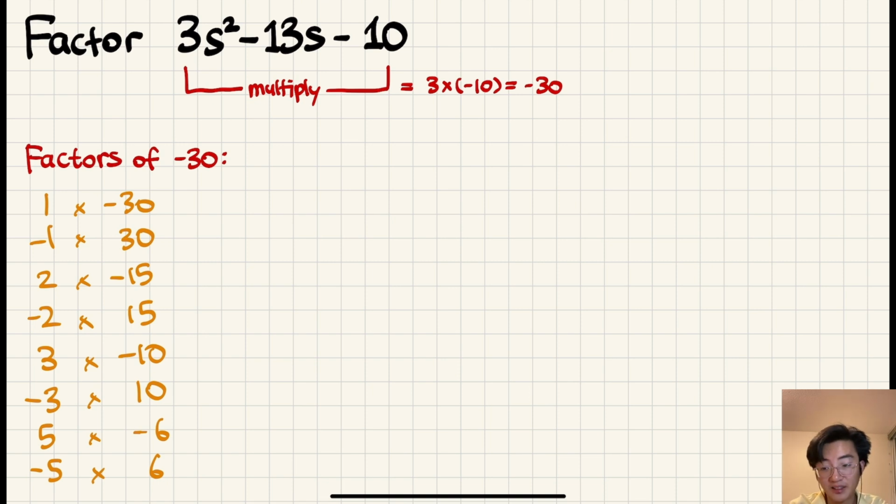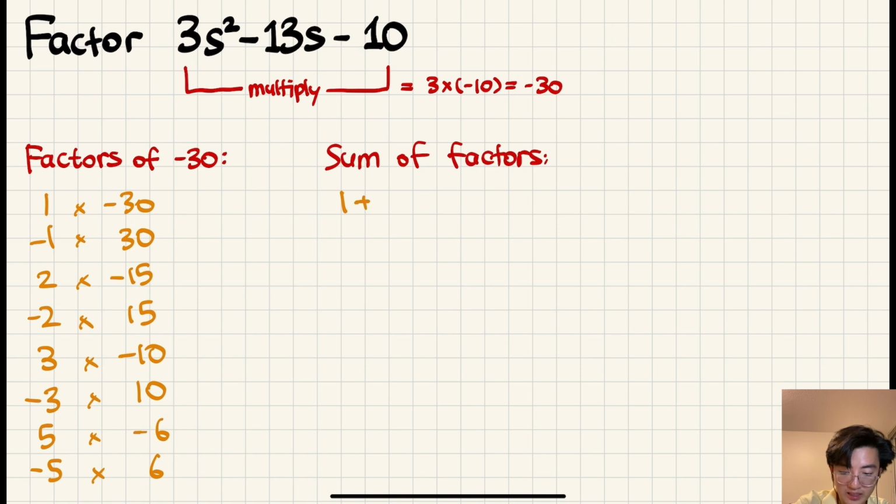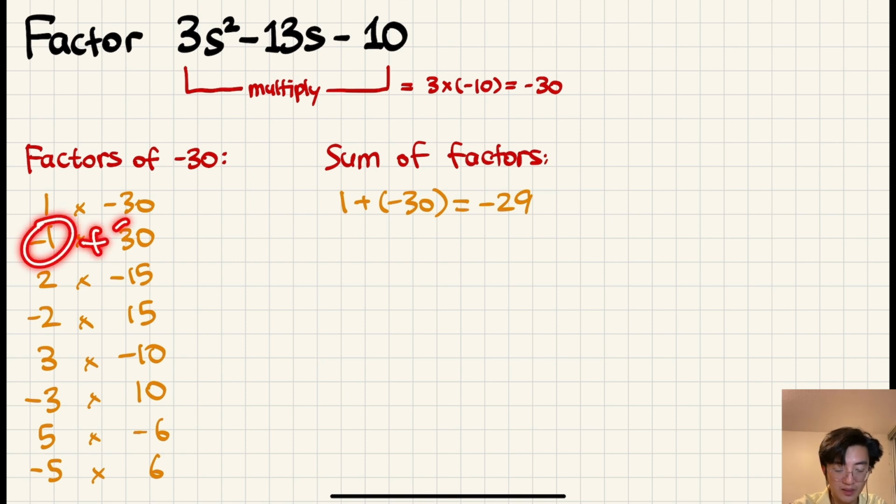Okay, and then from there, we can add all those factors together. When we add all those factors, in the first case, we have 1 plus negative 30, which is negative 29. And then for the second one, we have negative 1 plus 30, we get positive 29.